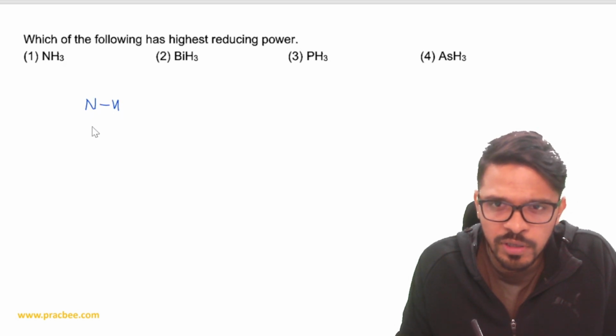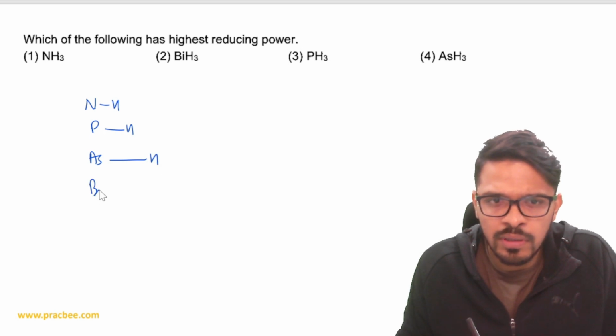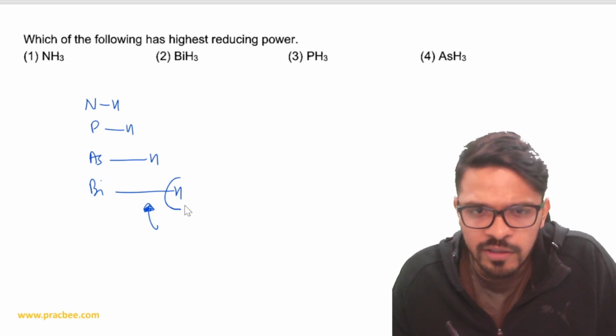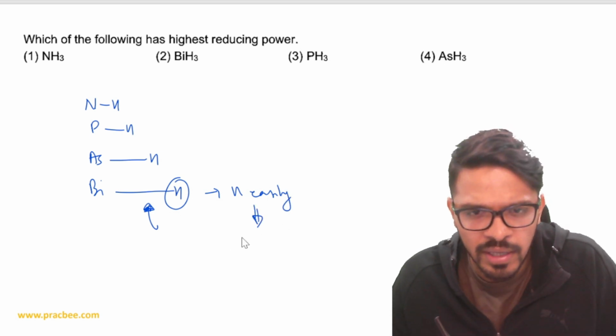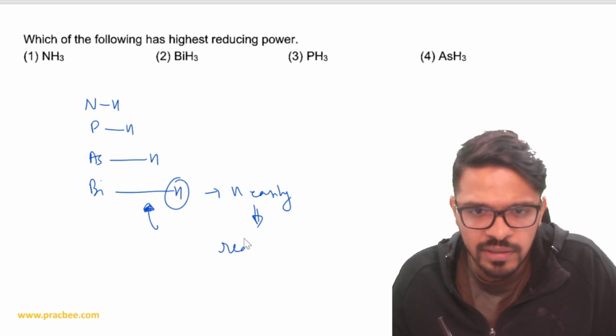If you have watched the previous videos, you know what happens as we go down. The bond length has increased and it is easier for us to break this bond. If it is easier to break this bond, we'll get H easily. And if we are getting H easily, it can be added to the other compound or the element. Basically, addition of hydrogen is reduction.